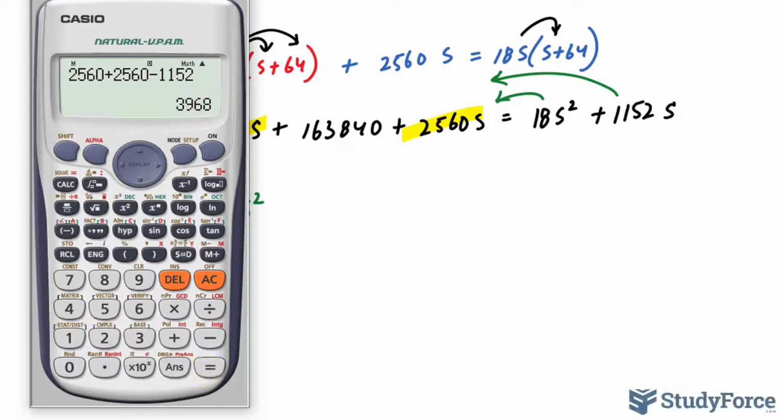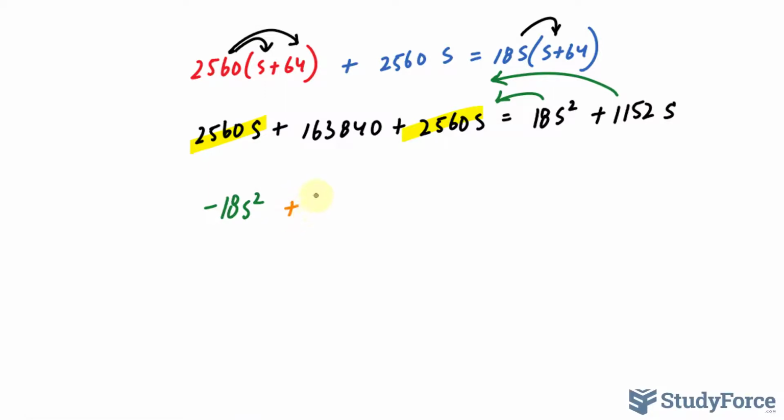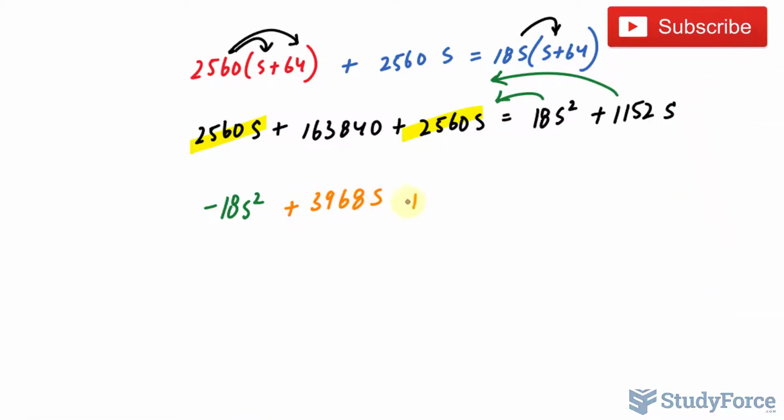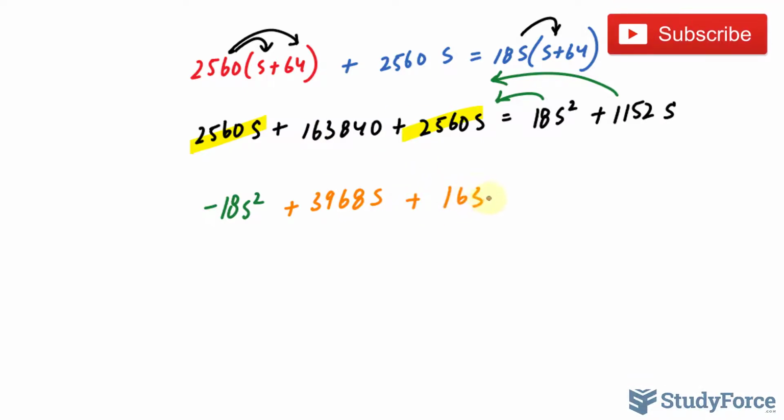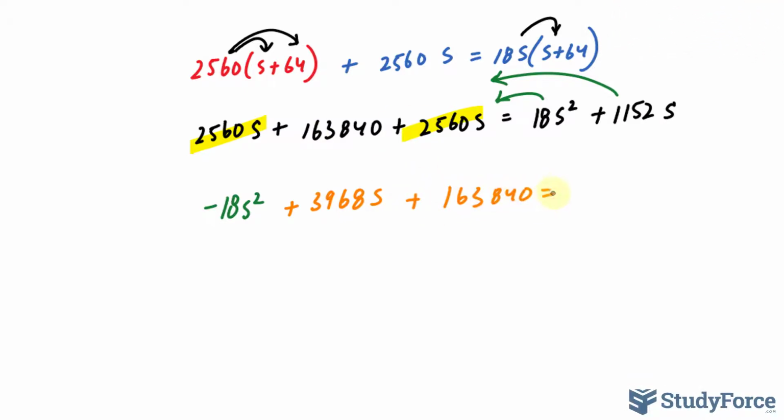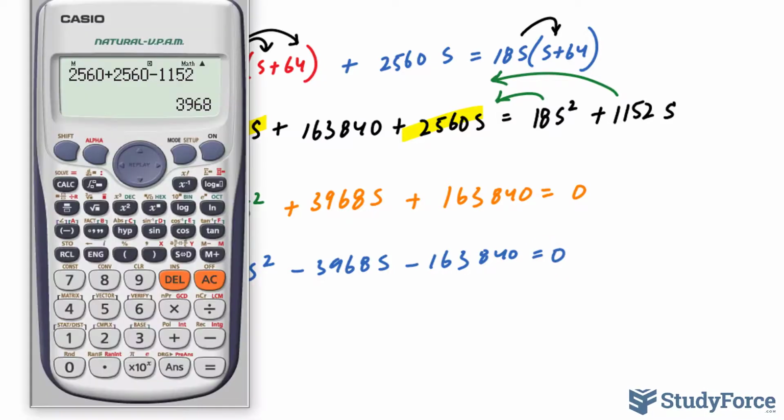We get 3,968s plus our constant 163,840. We have a leading negative number. We can multiply everything by -1 to get rid of it. And if I do, I get 18s squared minus 3968s minus 163,840.